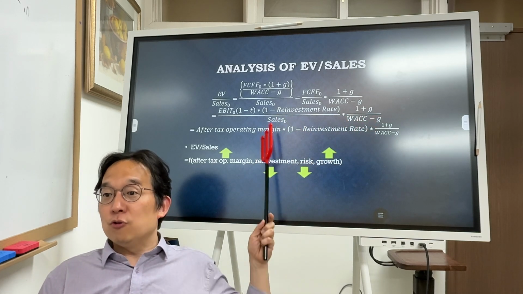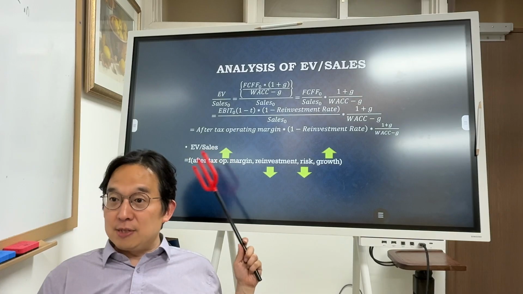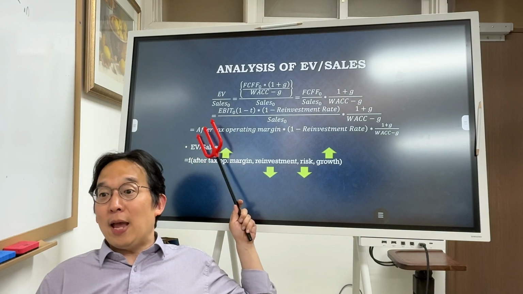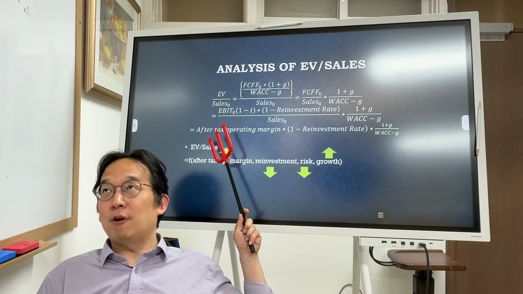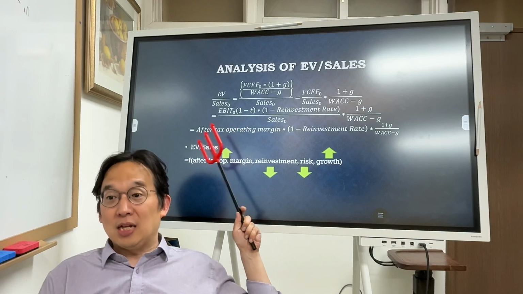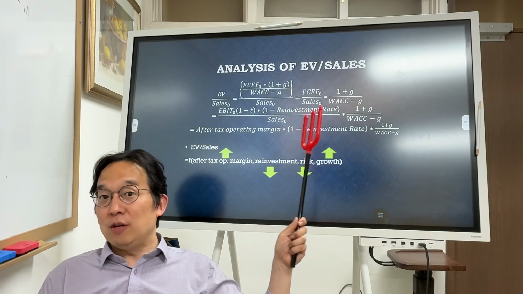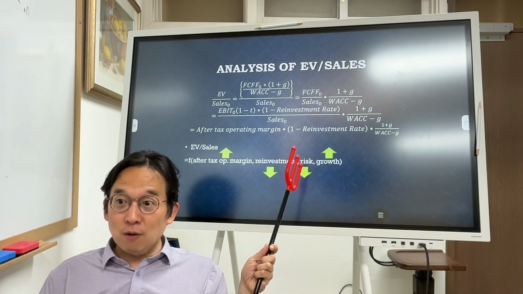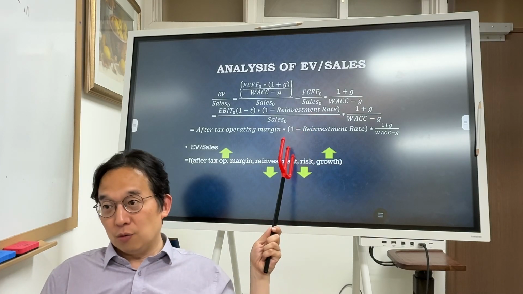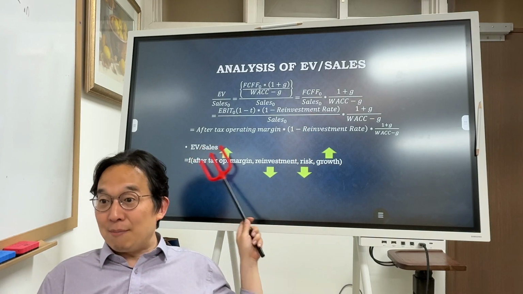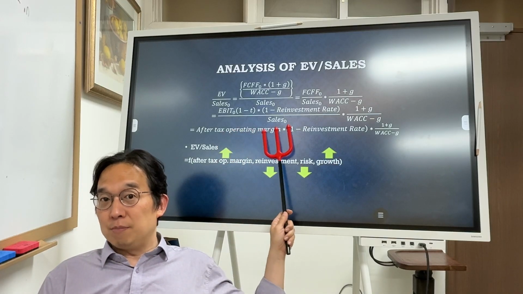And then how would you analyze further? FCFF is nothing but NOPAT, net operating profit after tax, right? EBIT times 1 minus tax rate times 1 minus reinvestment rate. You remember that formula for the FCFF? We use it over here. And then the denominator sales keeps on being here.